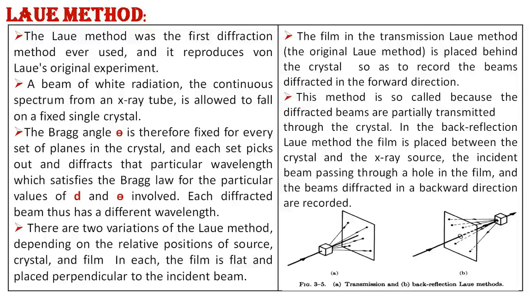This method is so called because the diffracted beams are partially transmitted through the crystal. In the back-reflection Laue method, the film is placed between the crystal and the X-ray source, the incident beam passing through a hole in the film, and the beams are diffracted in the backward direction. The following diagram gives the idea of how to perform the Laue method, transmission and back reflection.